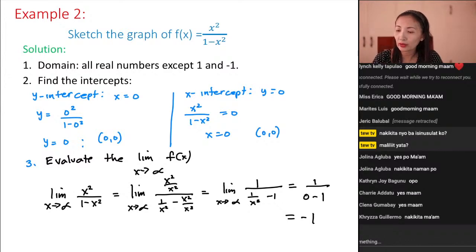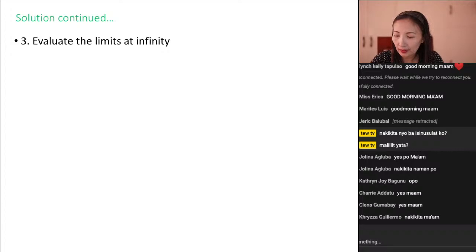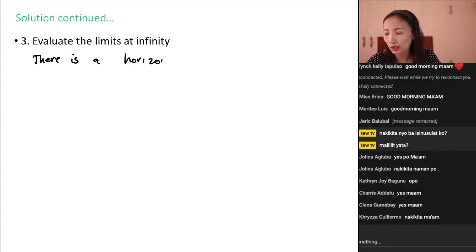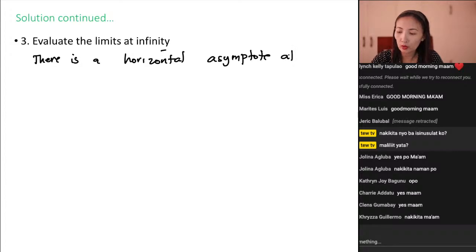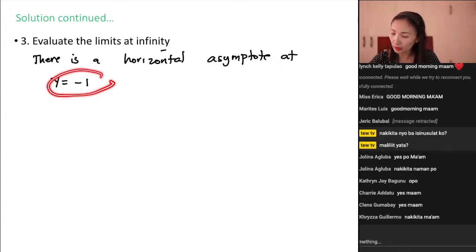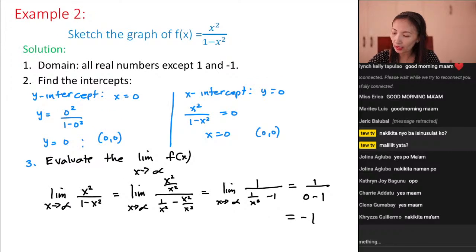Therefore, there is a horizontal asymptote at y equal to negative 1. Where did we get this? From the limit. After evaluating the limit of the function at infinity, we found out that its limit is negative 1. So y equal to negative 1 is a horizontal asymptote.